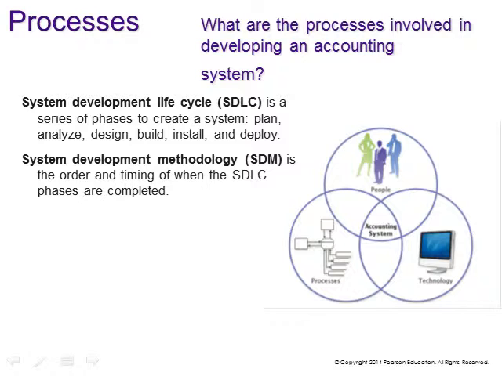And then we have the system development methodology. There we're talking about what is the order and timing in which we're going to execute the system development life cycle. And so we'll talk about ideas like waterfall and prototyping and these different system development methodologies.